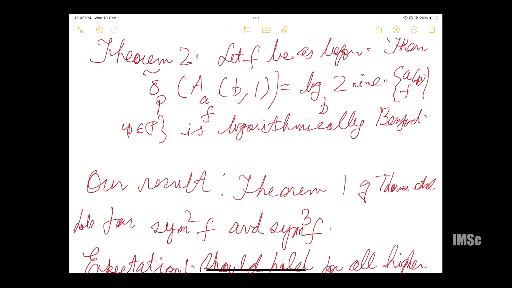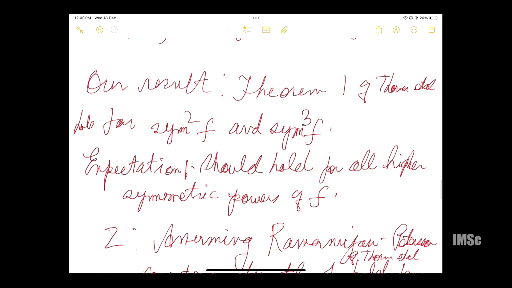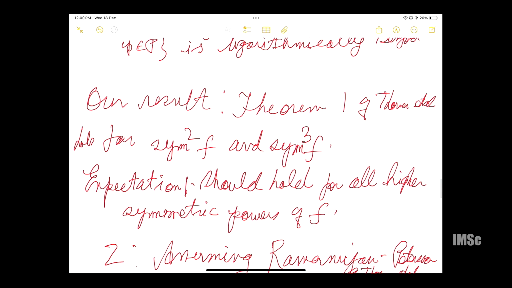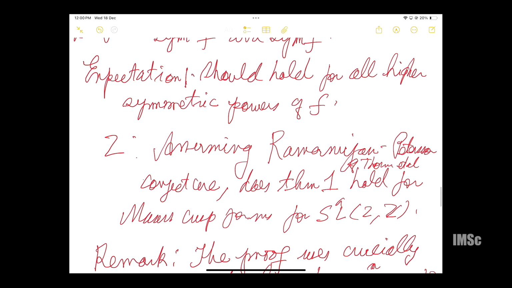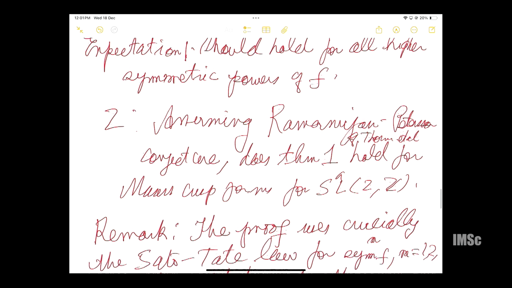So let me deal with my result that says Theorem 1 holds for Sym squared and Sym cube. A couple of remarks. The expectation is that it should hold for higher symmetric powers of f. And the second, this is a very difficult question: if I assume Ramanujan-Petersson, does Theorem 1, just the non-Benford statement, hold for Maass cusp forms for SL2(Z)?